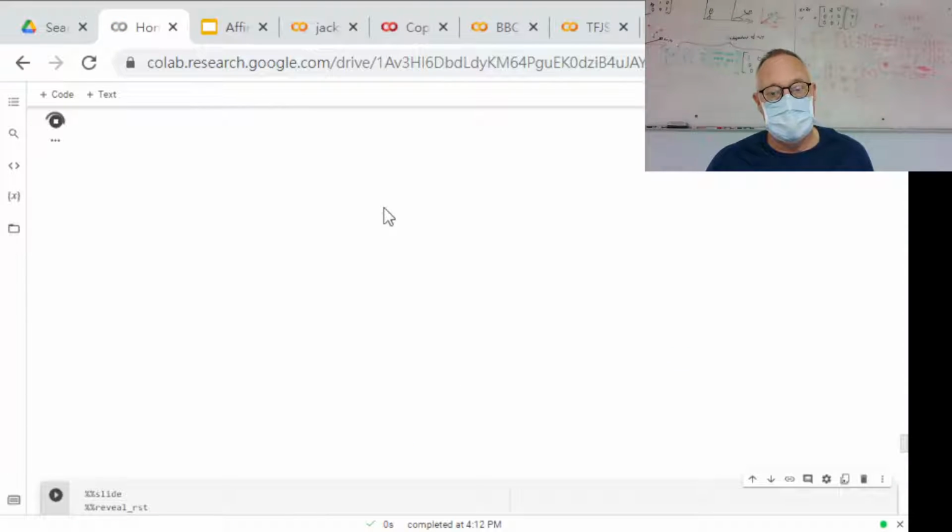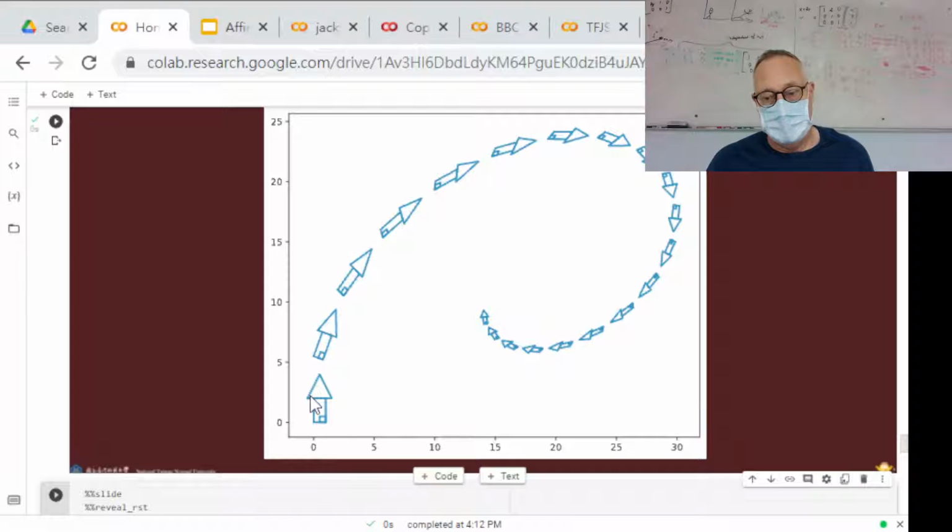So then we can do fancy plots. We can start with our arrow and then keep making it smaller and smaller and applying rotation to it. So you can do some kind of fancy graphics.